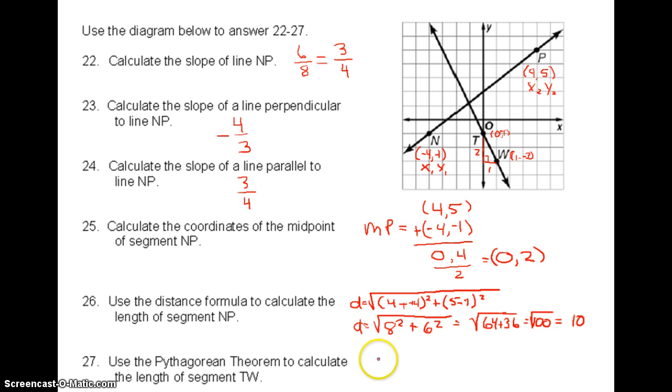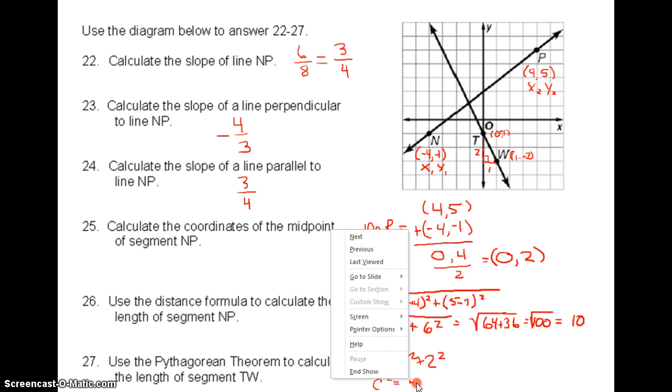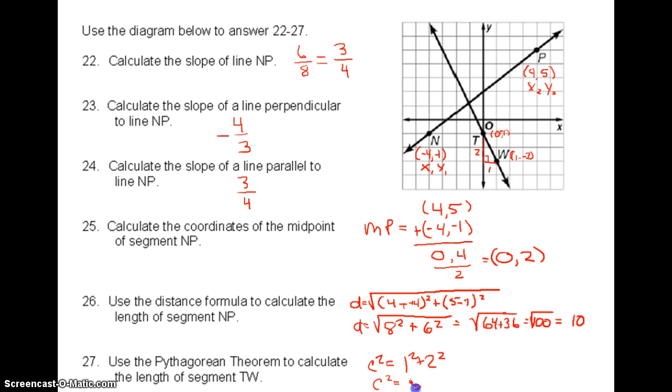So c squared equals 1 squared plus 2 squared. So c squared equals 5. And to find c, we have to do the square root of c squared equals the square root of 5.